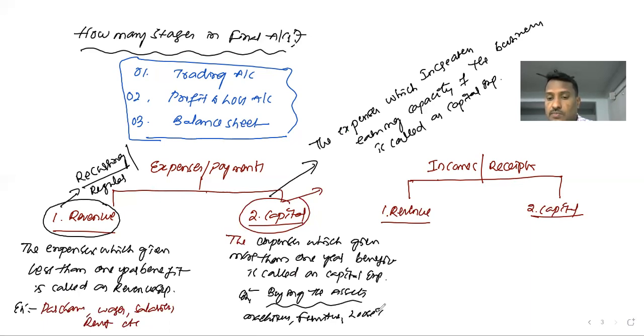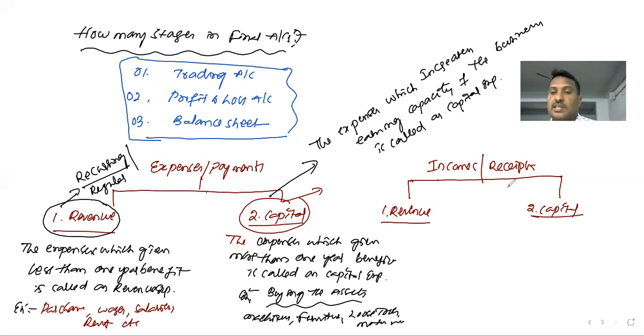So finally, the meaning of capital expenses is nothing but the expenses which give more than 1 year benefit. Is it clear, students? Very good. Revenue expenses are the expenses which give less than 1 year benefit; capital expenses are the expenses which give more than 1 year benefit.